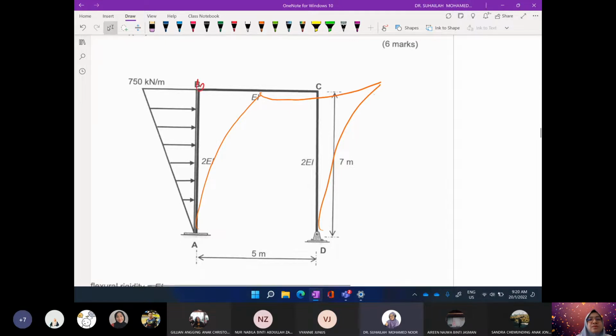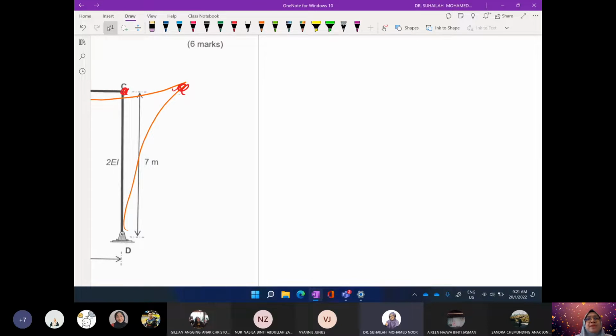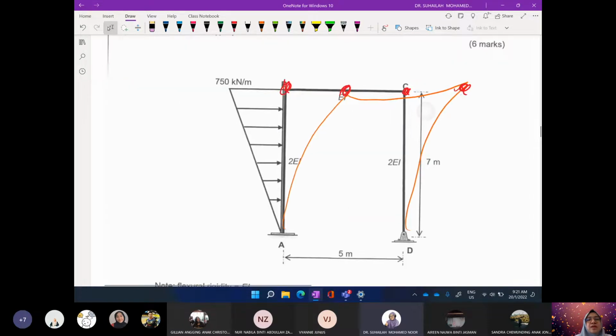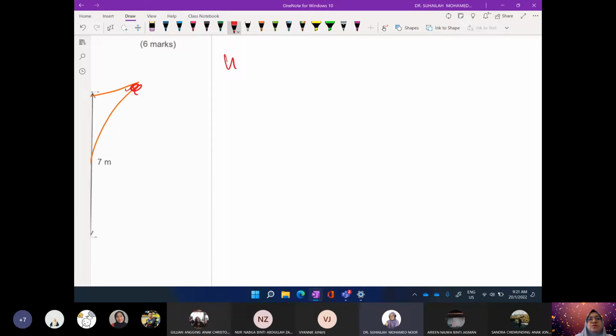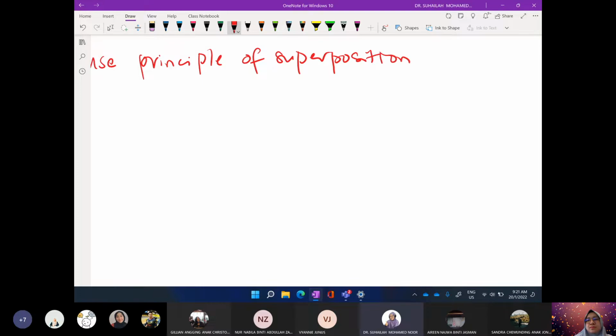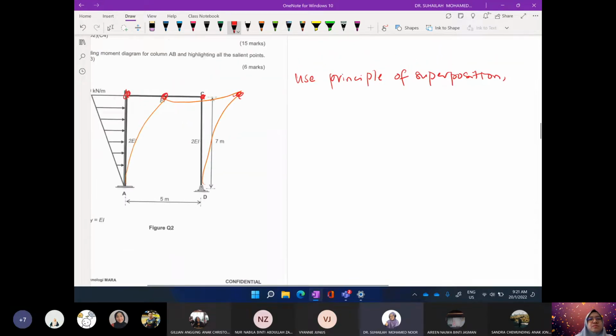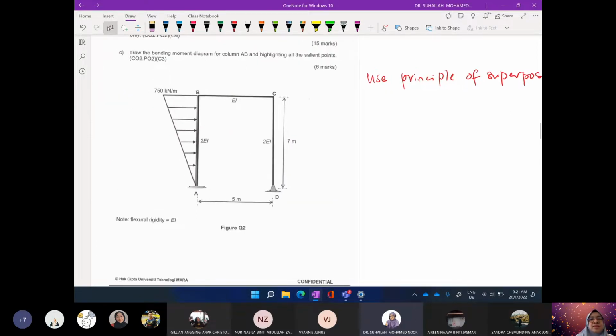With that, D will move to a new position, and C also will move to a new position. So in this diagram we use the principle of superposition. In this diagram, we have W plus delta.